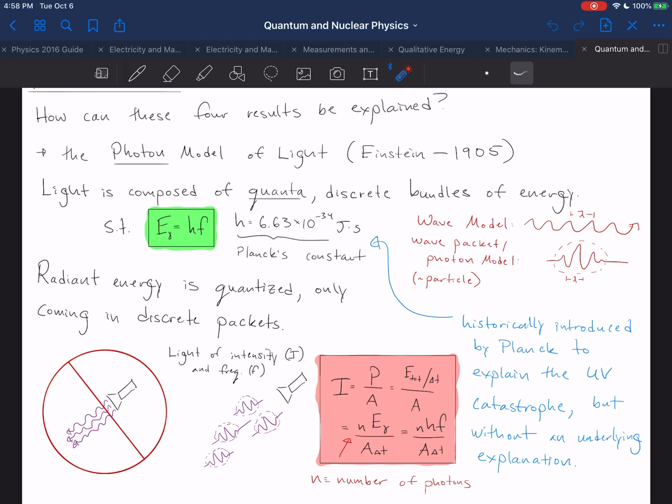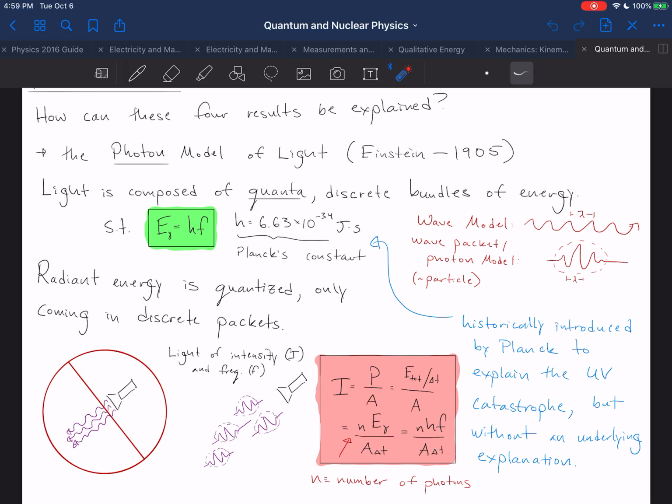This will allow us to explain all of the results. So all of the 4 results discussed in the previous video can be explained with reference to this photon model. One quick note before we move on. Notice that at this point, the intensity of this light is characterized as the power per unit area, and that power can be unpacked as the total energy being delivered per unit time. Notice that in this model, that total energy is distributed among the separate photons that are being sent.